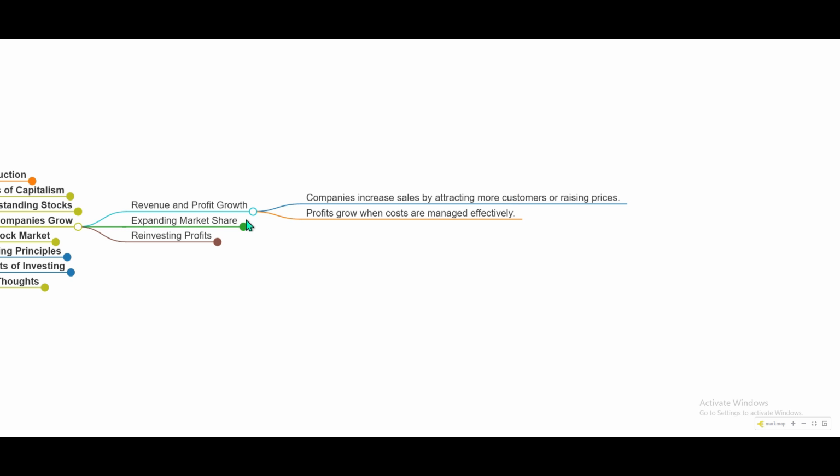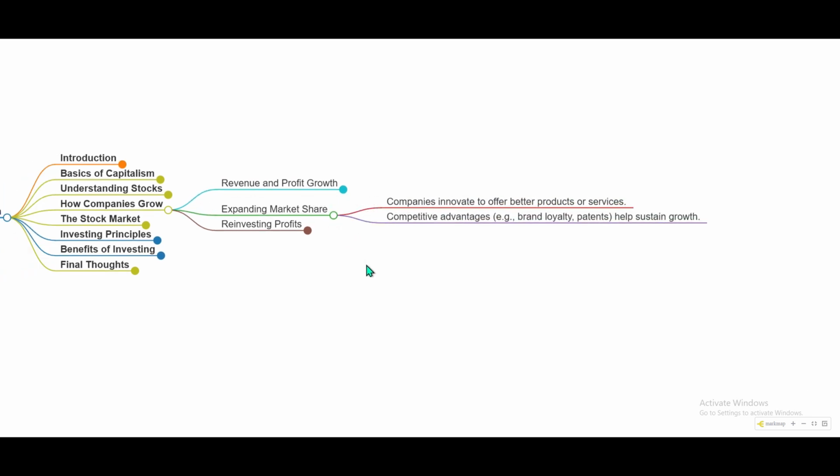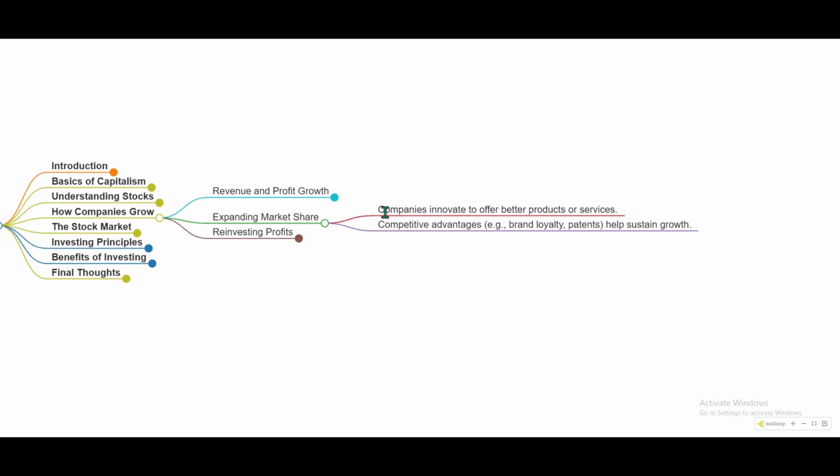Then the second way of company growth is expanding market share. In this, the company innovates to offer better products or services, so that more and more people use their products. And competitive advantages, also called a moat. For example, brand loyalty, like we see for Apple products, and patents.